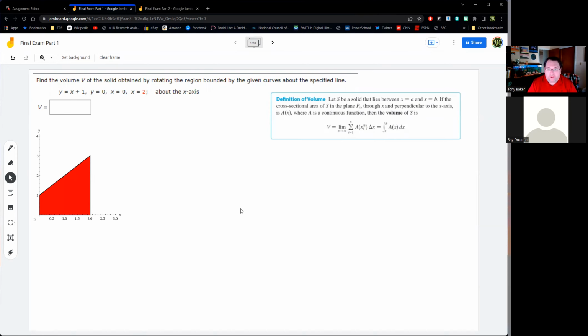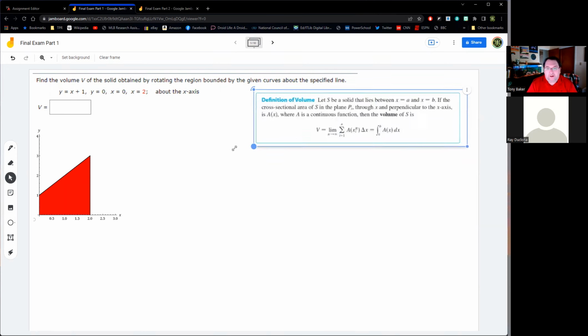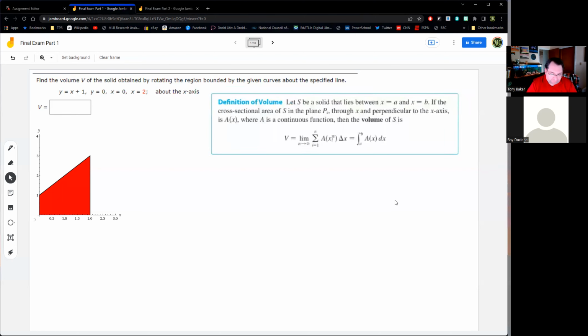So the formula for it, the definition of volume, is just the integral from a to b. In this case, it's from 0 to 2 of the area.